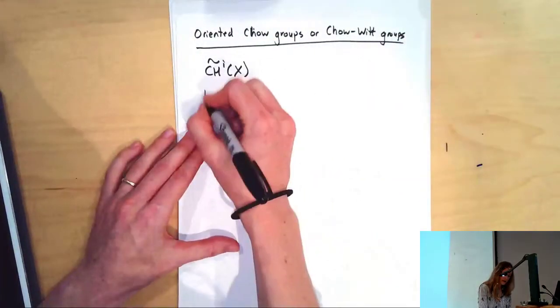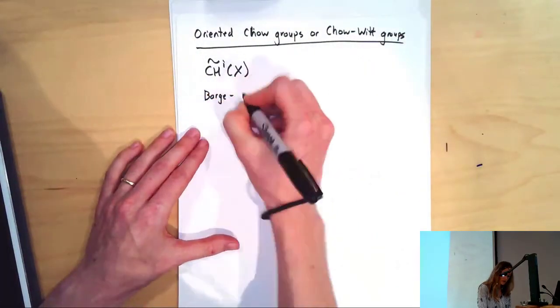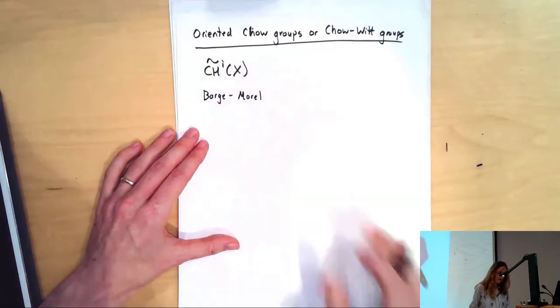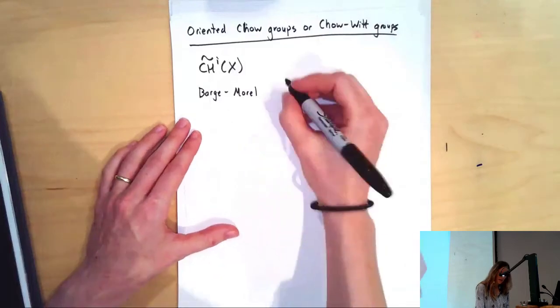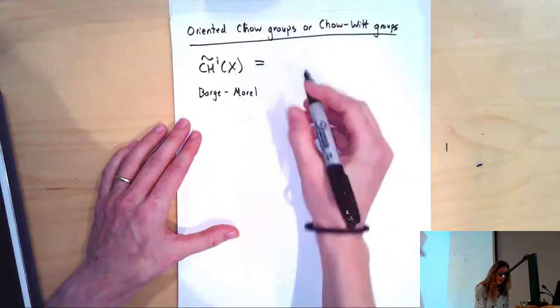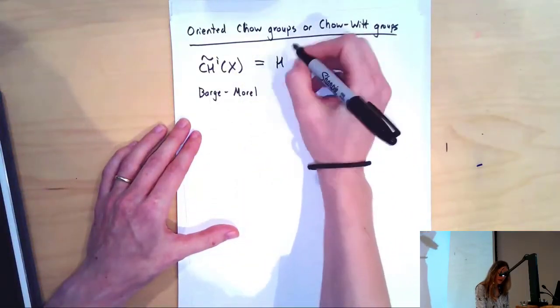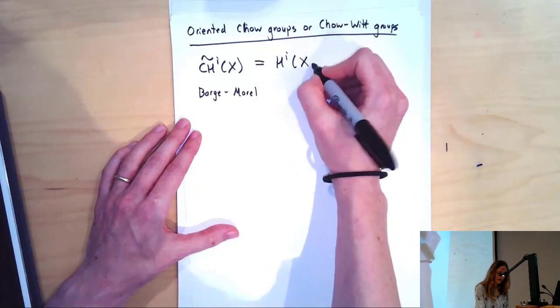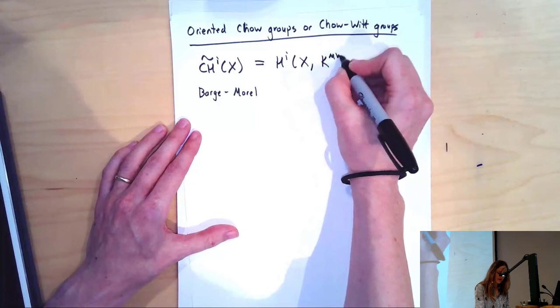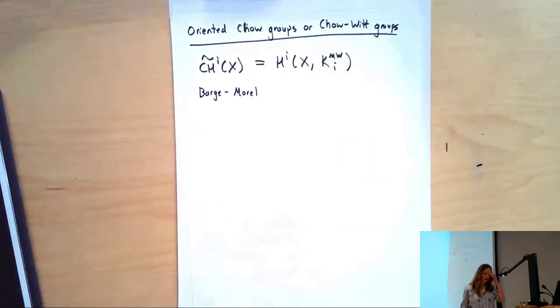And Barge and Morel, with an explicit complex, introduced oriented Chow groups, and they define them as the Nisnevich cohomology of X, this time with coefficients in K Milnor-Witt of I.